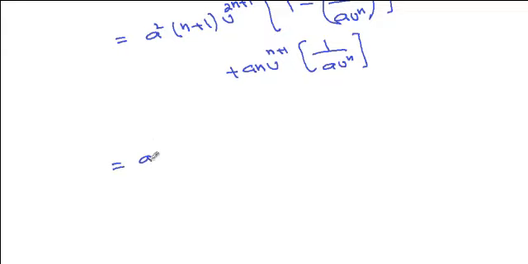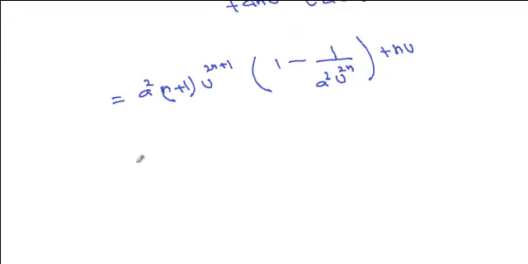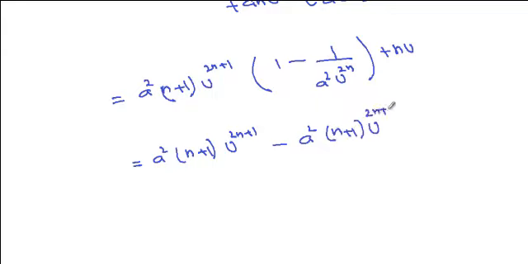We can write this as A²(n+1) u^(2n+1) times 1 minus 1 over A² u^(2n), plus n u. Again simplifying, we multiply inside the parenthesis.